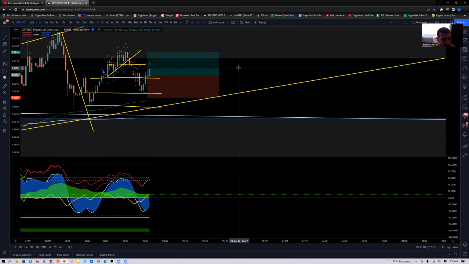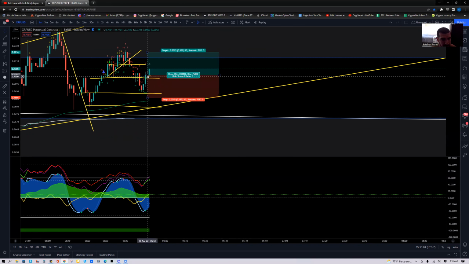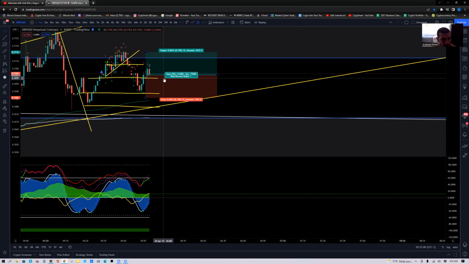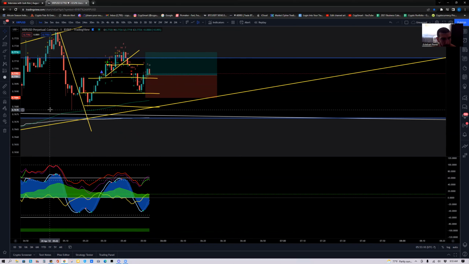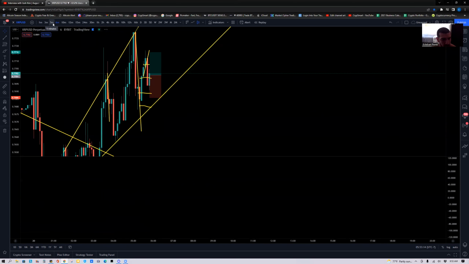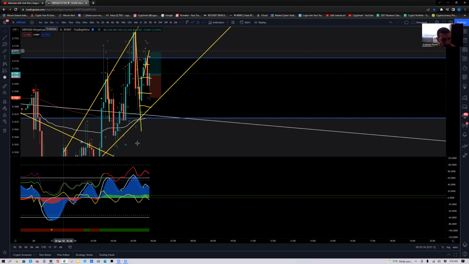Okay. See how we created a support level around here. Okay. What's going on there? Okay, you still got a little bit of downward momentum.